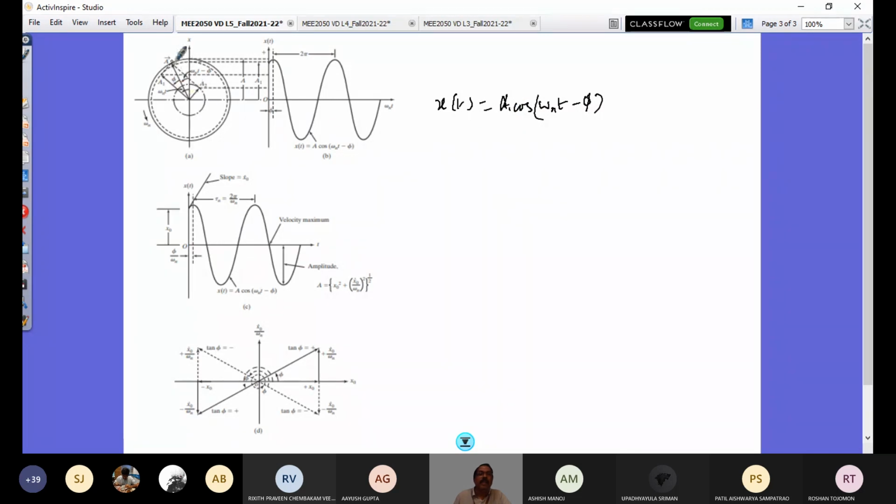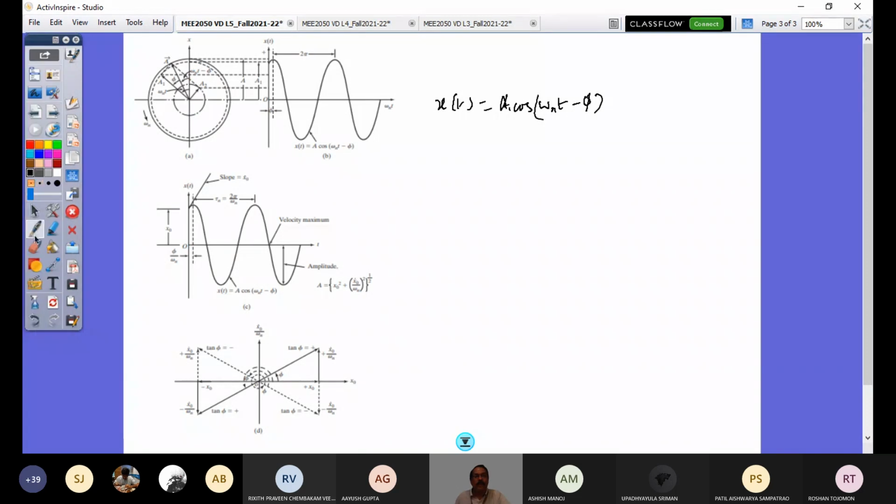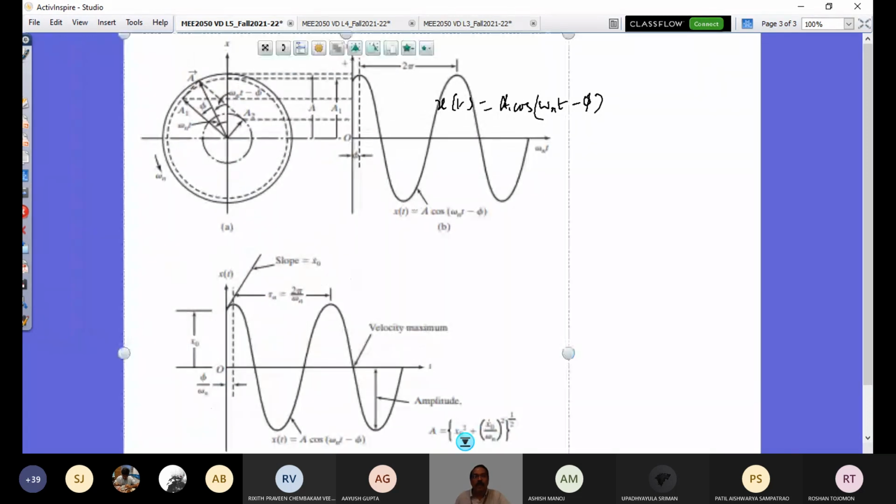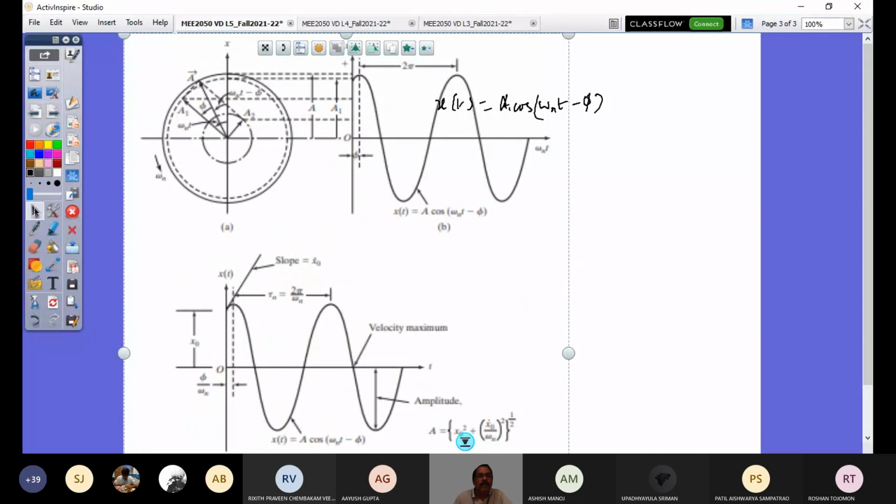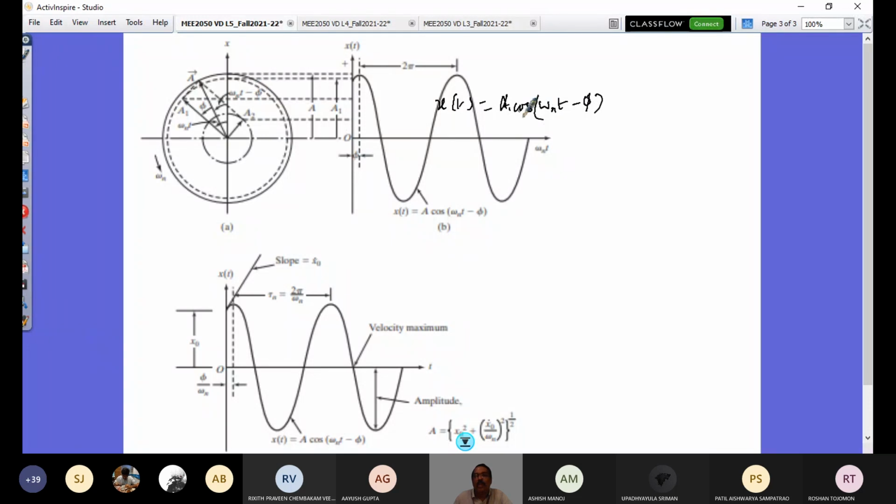So you have here this vector A displaced from the vertical axis by omega t. Let me zoom this further. So this is omega t minus phi. This A cos(omega n t minus phi) is the angular displacement of vector A, and this is an auxiliary circle for that.